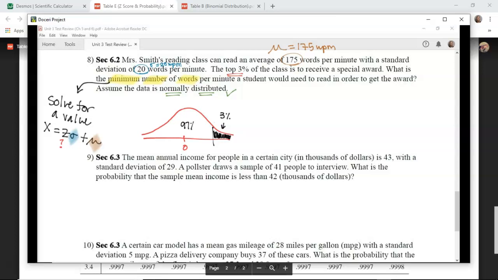In order to use this formula, I need to know the z-score. In order to find the z-score, I need to look within the table and find the area. We know the table only has the area to the left, so I really won't be looking for 3%. I'll be looking for the number closest to 97%.